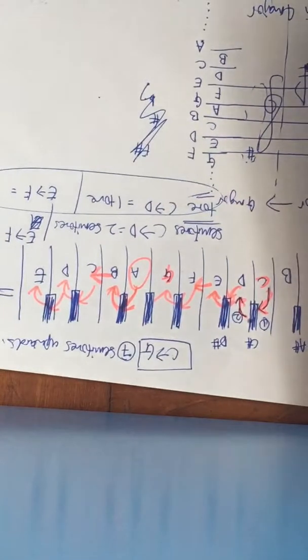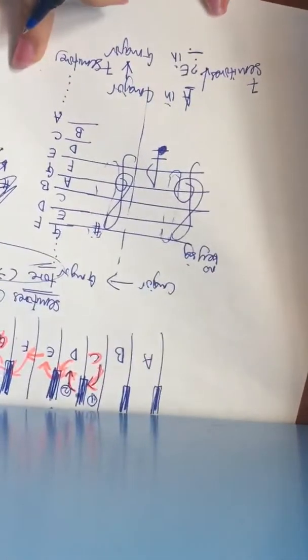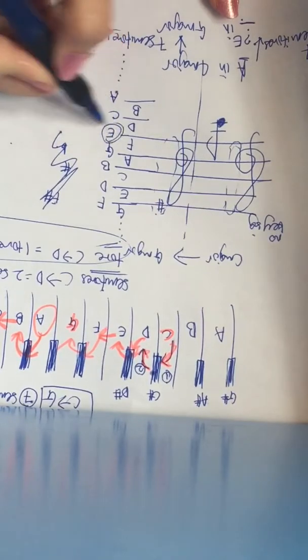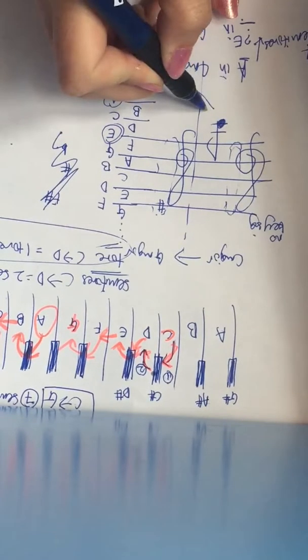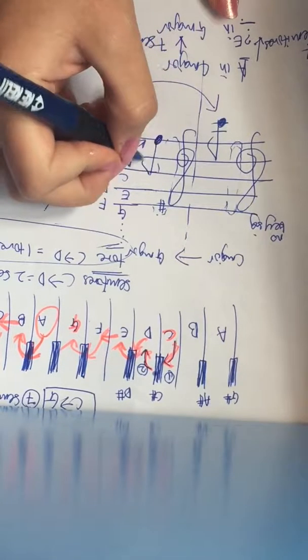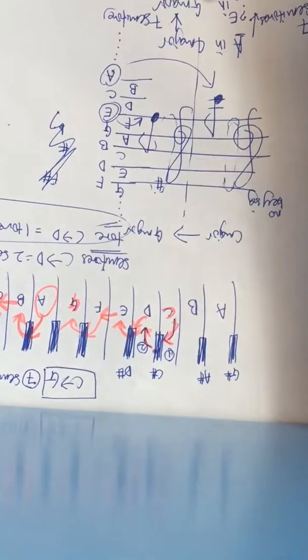You got your note, and your note is E. Where's E? E is here. From A to E, you just draw the E, and voila, that's your first note.